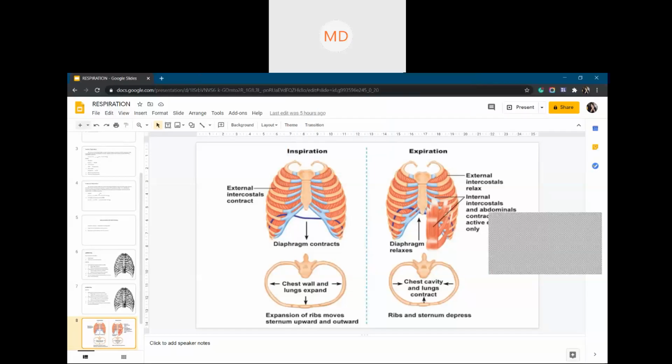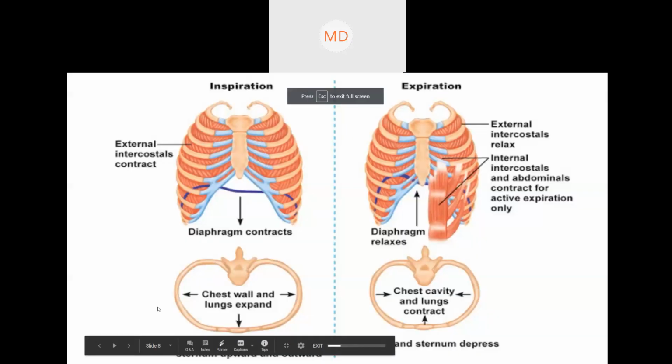Excuse me, ma'am, can you show the slides again? Which one?